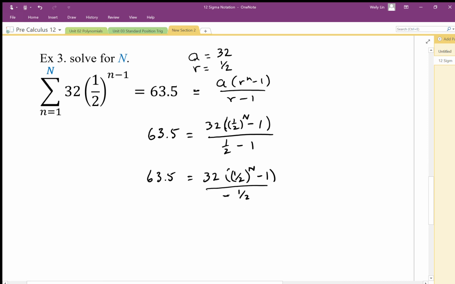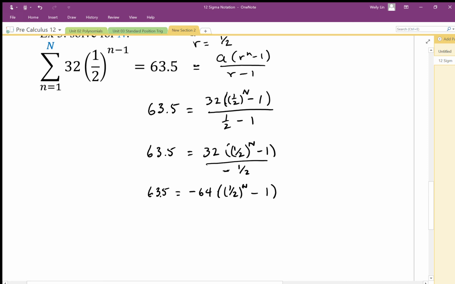Okay, so I'm going to rearrange this a little bit. So 63.5 equals negative 64 times 1/2 to the power n. So I'm basically going to have to get this exponent and use logs to solve for this.